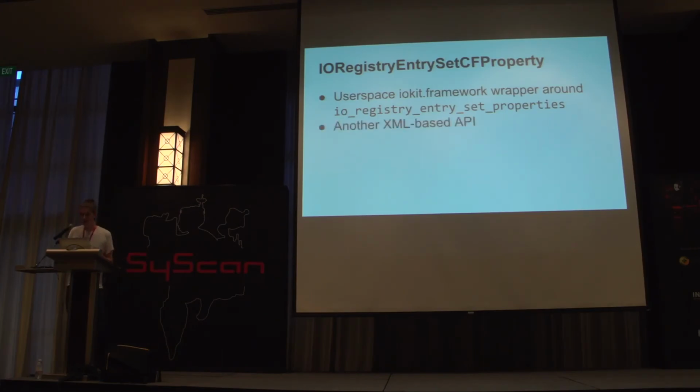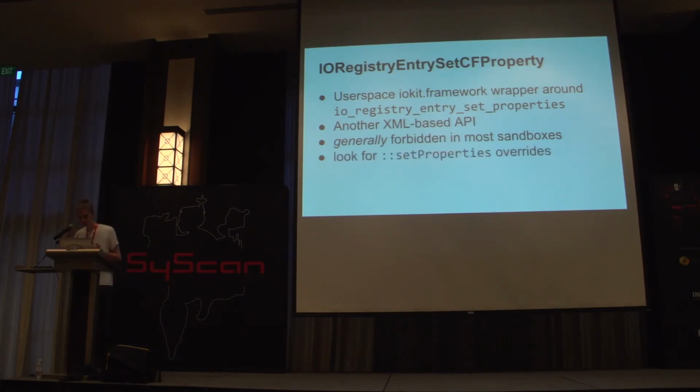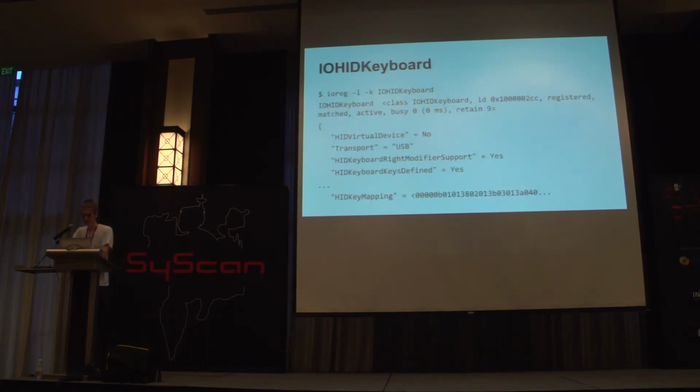It's yet another XML-based API, but unlike the other two, this thing is generally forbidden in most sandboxes. So again, if you're looking for IOKit kernel drivers which implement configurable registry entries, i.e. registry entries that you can manipulate, look for code which is overriding the setProperties method.